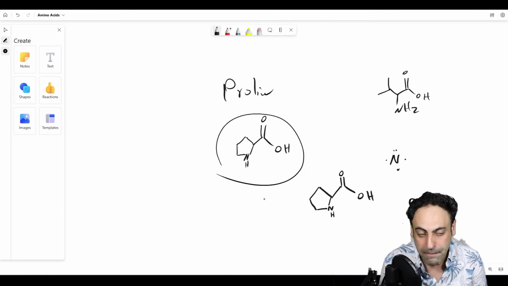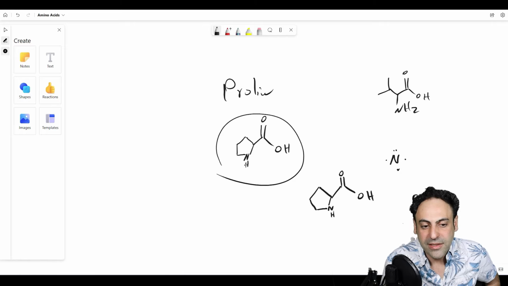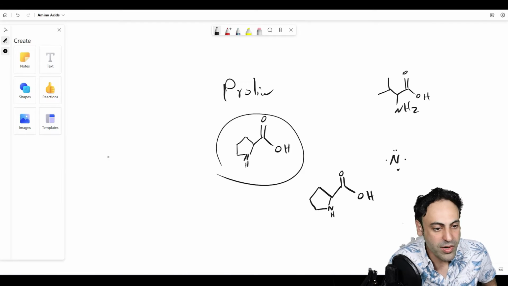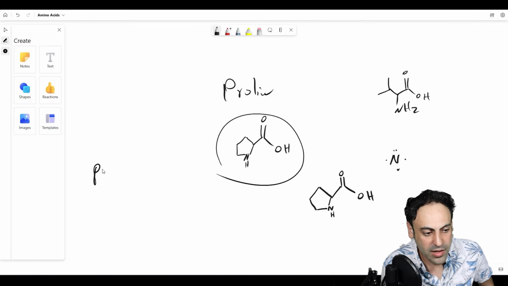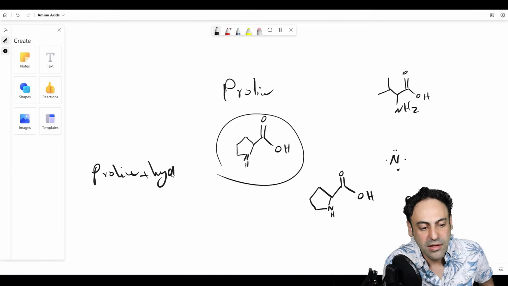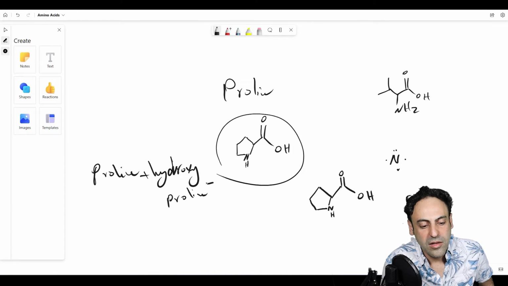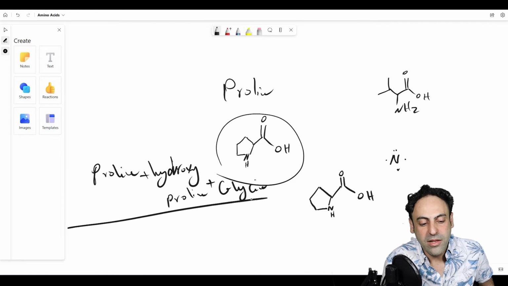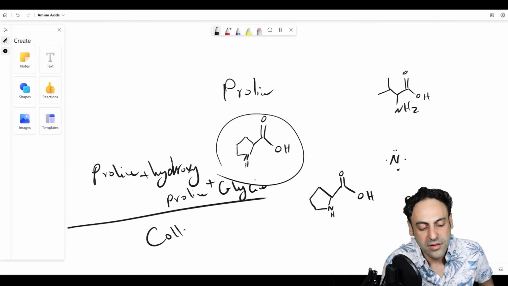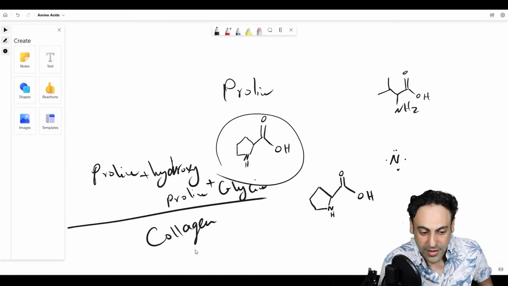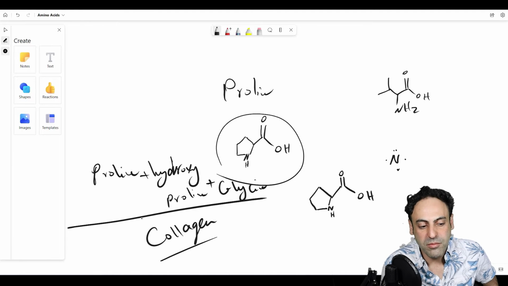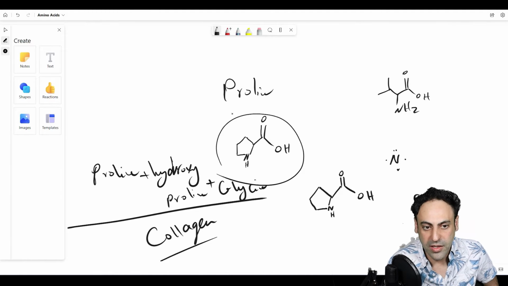Also, another thing about proline is, if you remember, I said proline plus hydroxyproline plus glycine, they will create what? Collagen. This is a very important aspect of proline and hydroxyproline.